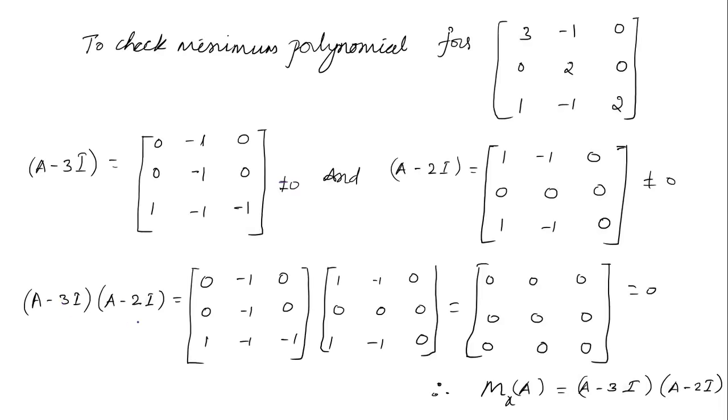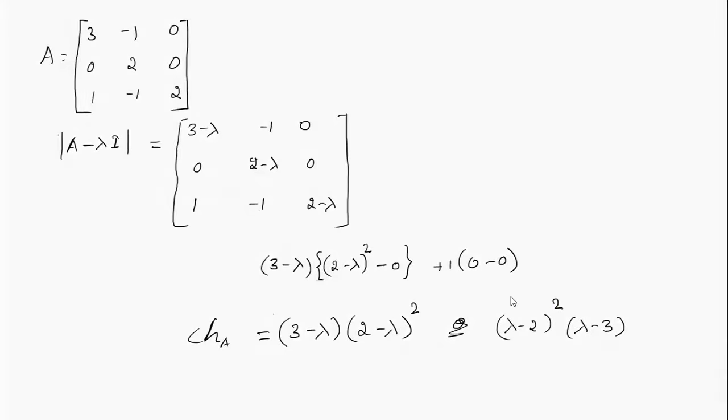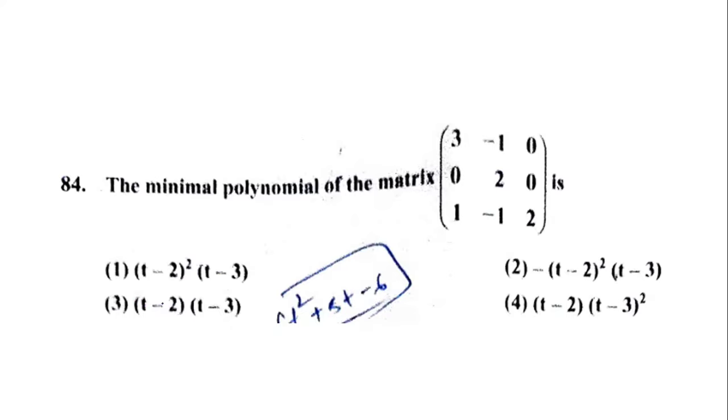The product of these two gives 0. Therefore the minimal polynomial of A is (t minus 2)(t minus 3). This is the right answer.